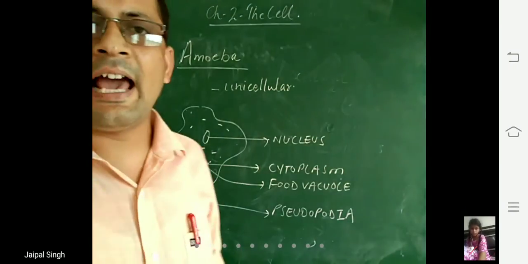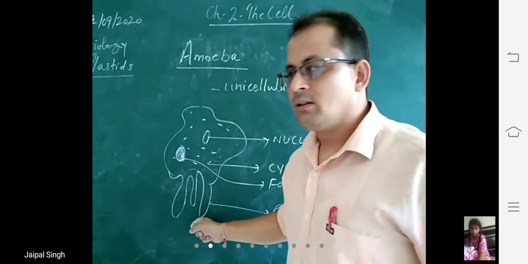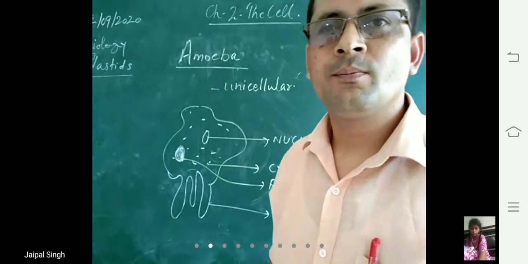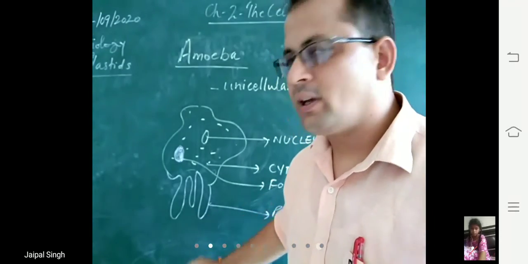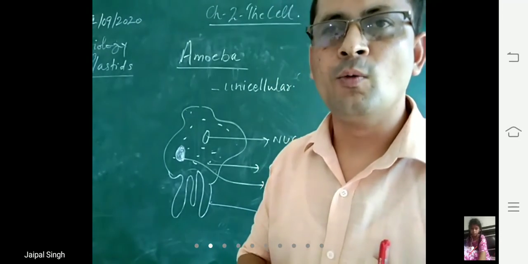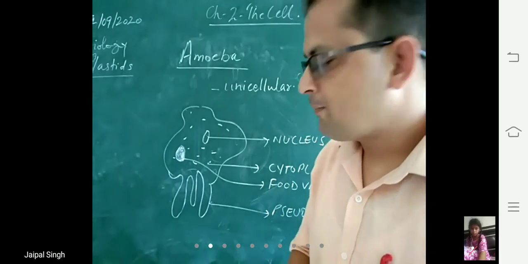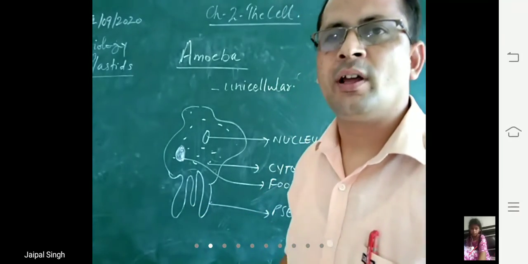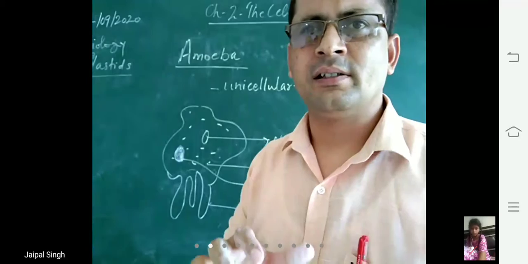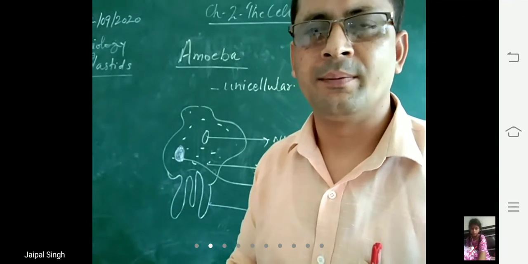So beta, with the help of this pseudopodia, this amoeba moves. This pseudopodia helps amoeba to move. Also with the help of this pseudopodia, the amoeba catches its food or catches its prey.